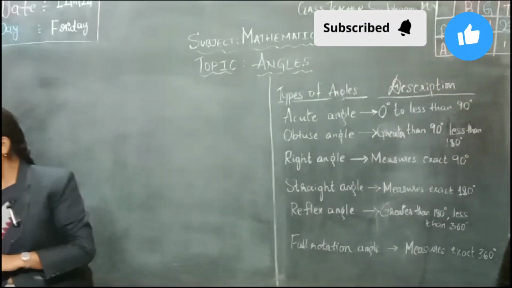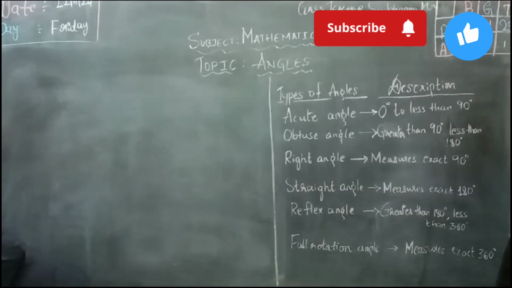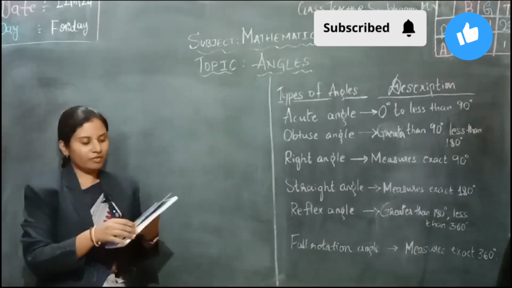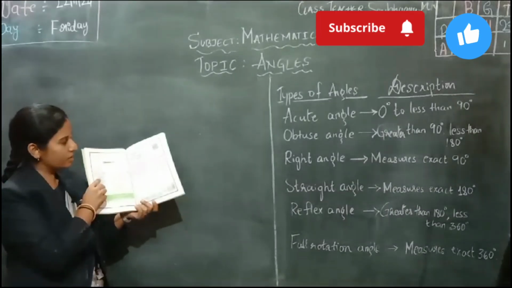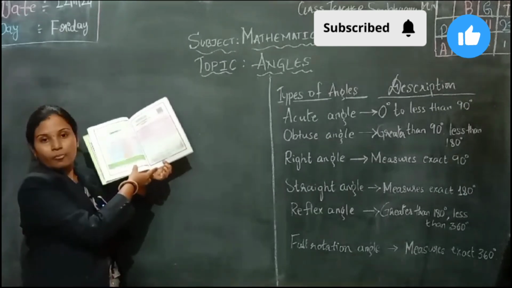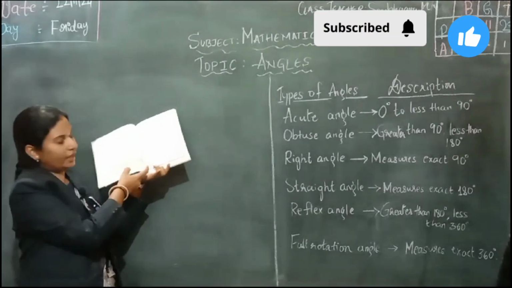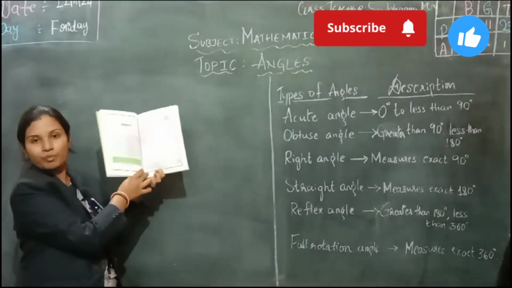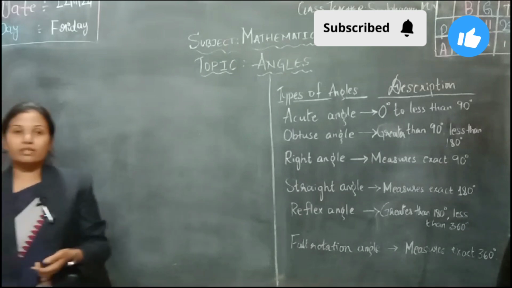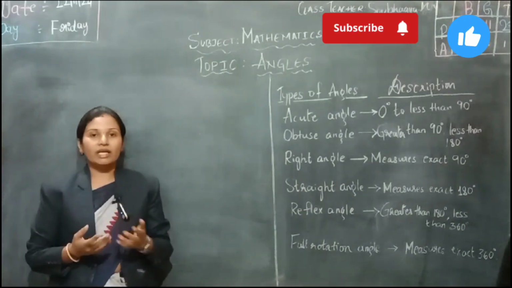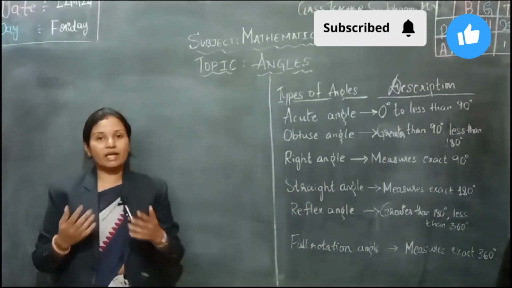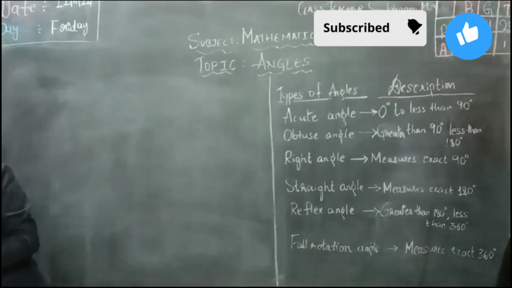In a similar way, if you observe a book, if I open a book like this, see here, these are the two rays and again one angle is formed here. We find the steps or the stairs in our schools, colleges, at our house. How do the steps look?